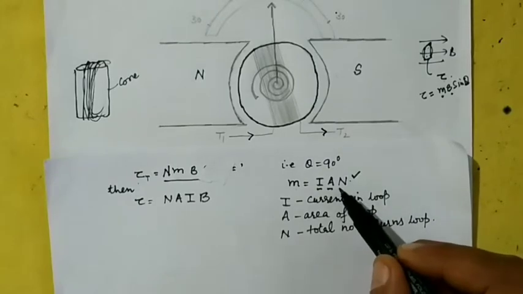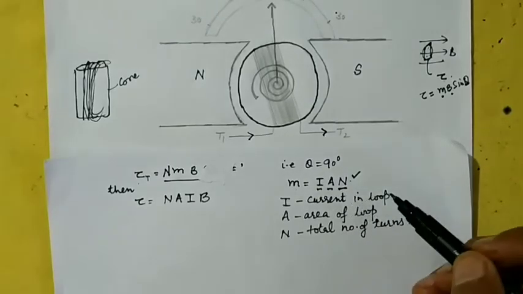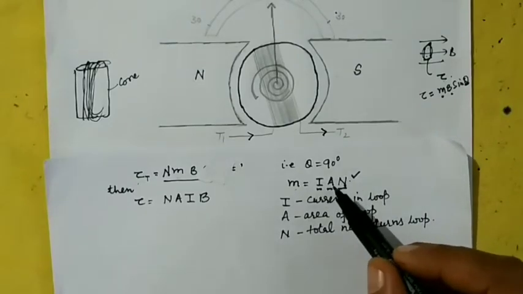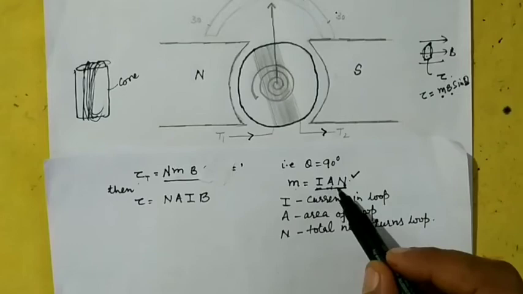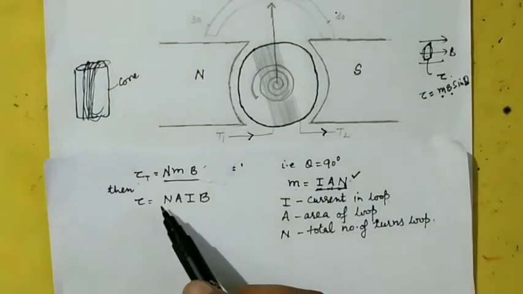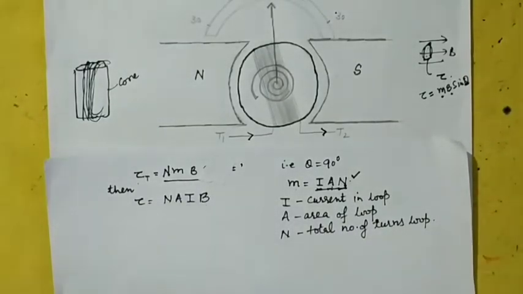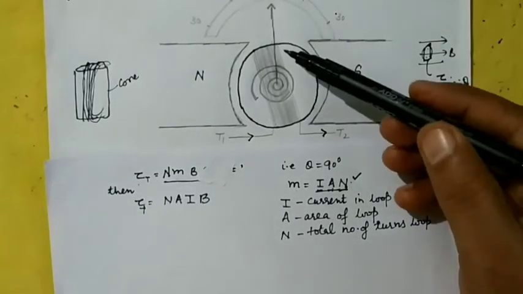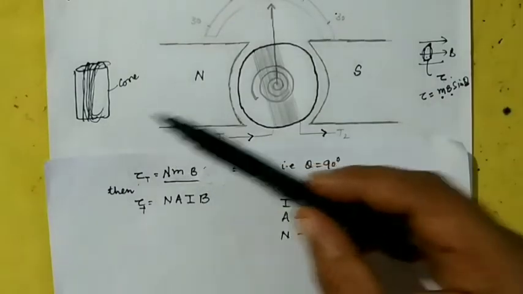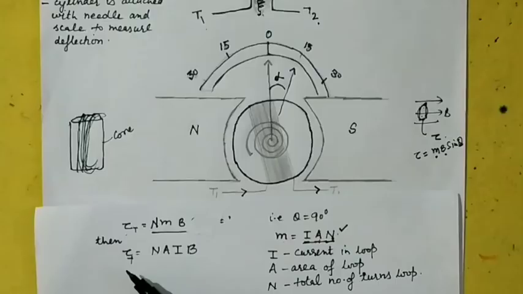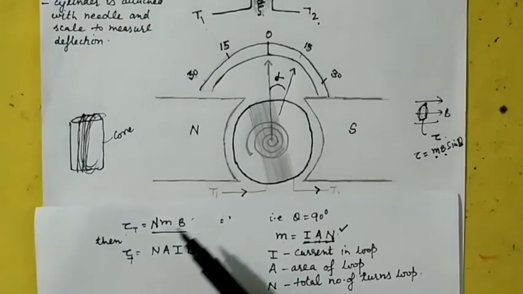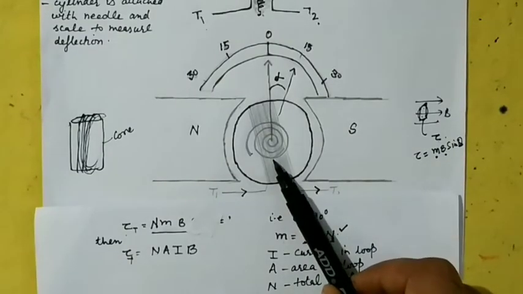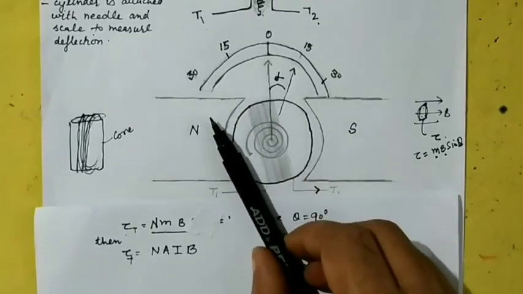If it has capital N turns, then the total magnetic dipole moment will be N I A. So put the value of this magnetic dipole moment in this equation, and it becomes N A I B. This is the total torque experienced by all the loops placed inside the galvanometer. This torque, a rotating force experienced by these loops which are attached with this cylinder, also rotates the cylinder.